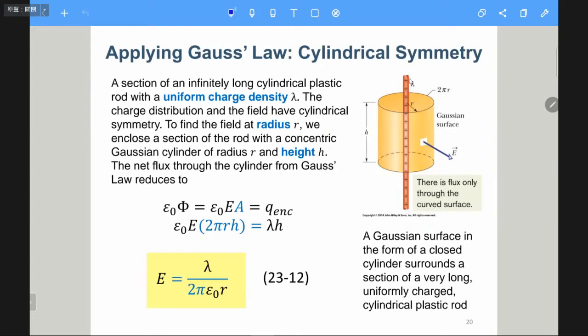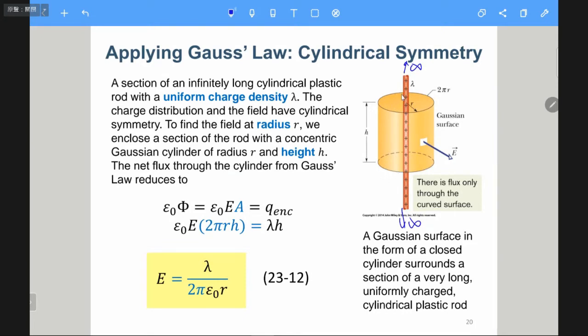We have a plastic rod here with a uniform charge density lambda, and it is infinitely long, although it is not shown here. Okay, so here we try to define a Gaussian surface, which is a cylindrical shape.